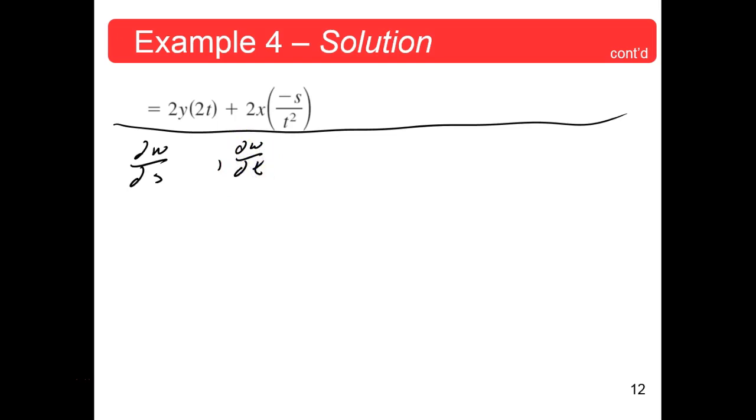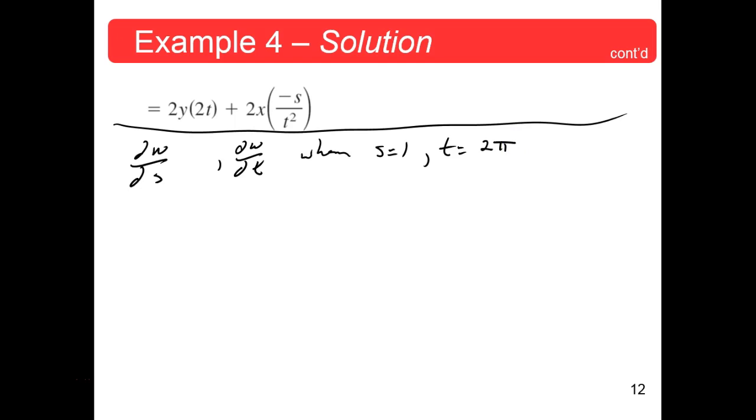But this time, we've got some different players here. This is when s is equal to 1. Now that's not much of a variable, is it? It's a constant, okay? And t is equal to 2 pi. It's also a constant, okay?